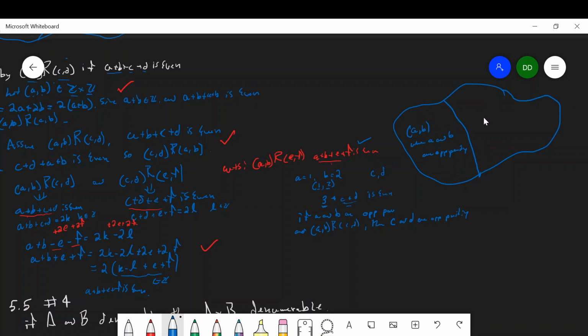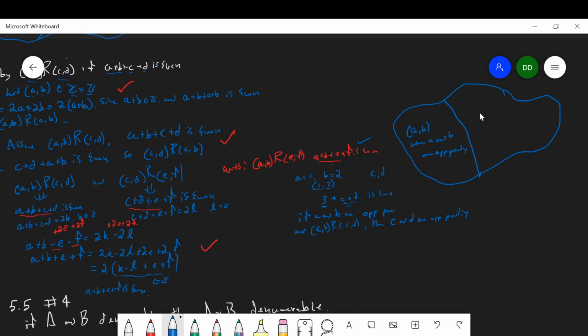So it seems natural that my other equivalence class should be same parity. And we can check that, right? So if A and B are the same parity, then their sum would be even. And then if I want the sum of A plus B plus C plus D to be even, I would need C plus D to be even then, which implies they're the same parity.